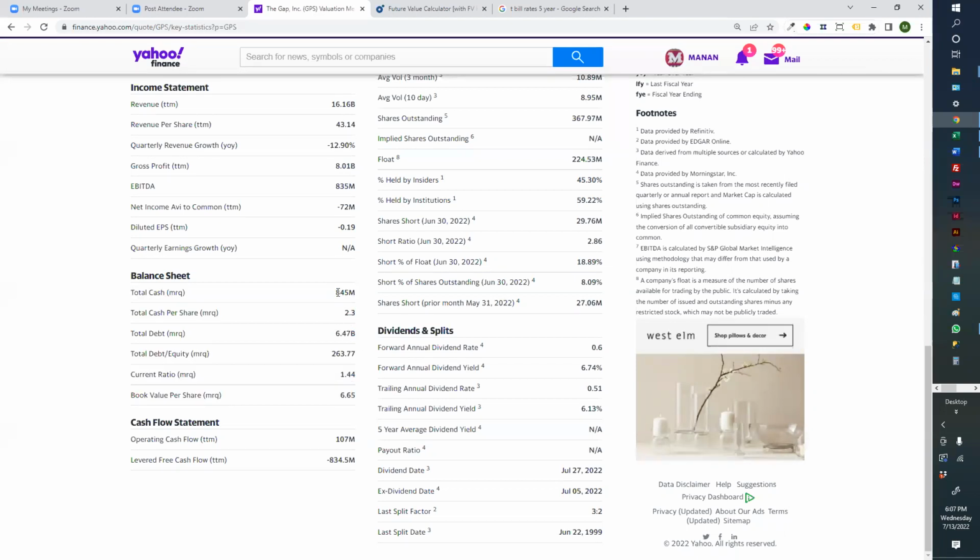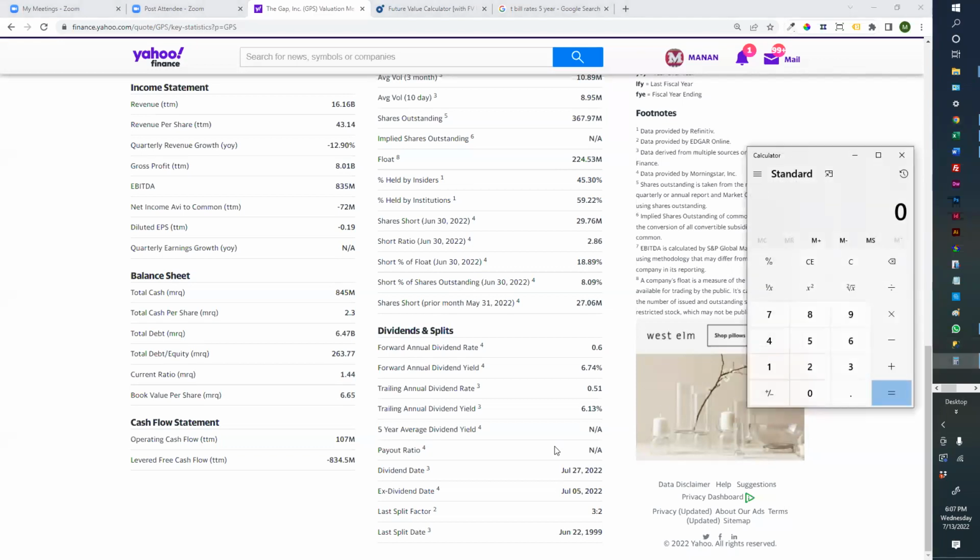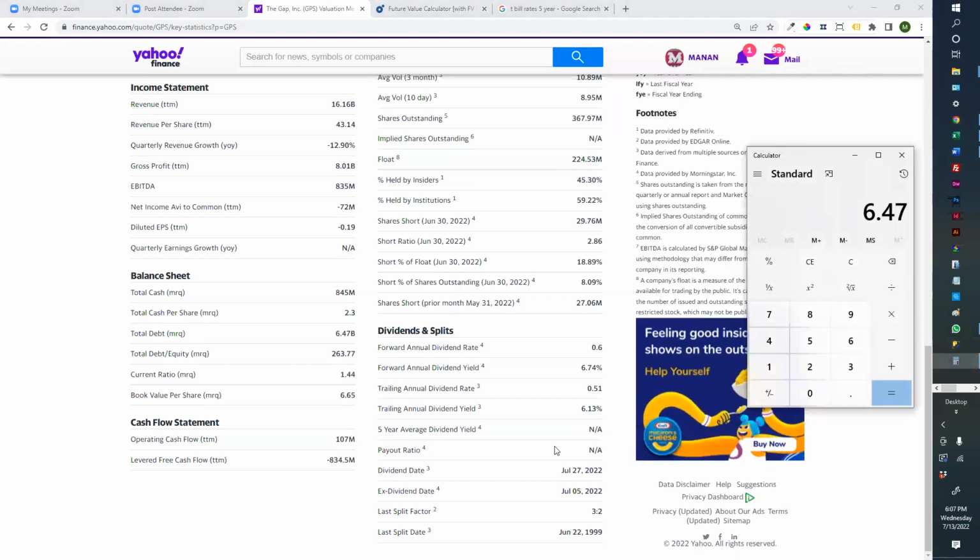So if I remove the cash of 845 million, they have an outstanding debt of 5.62 billion.